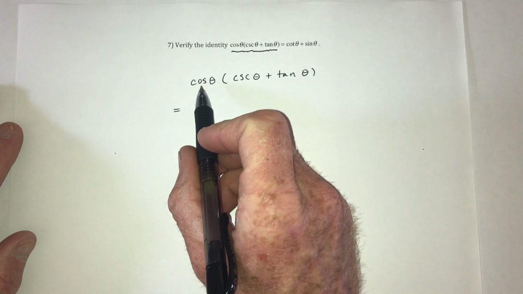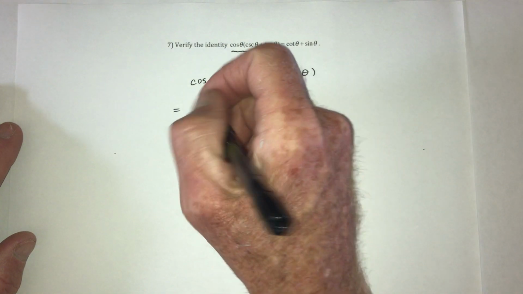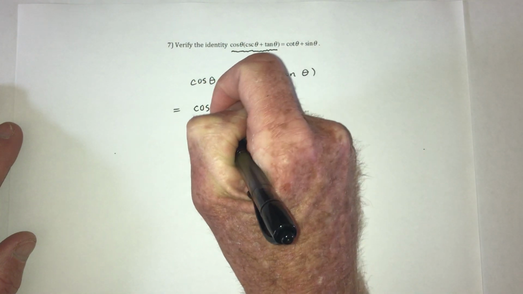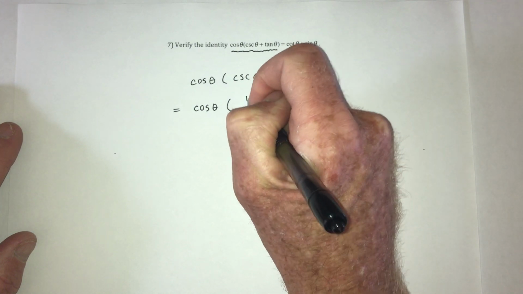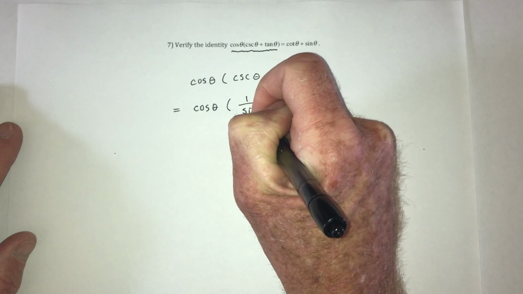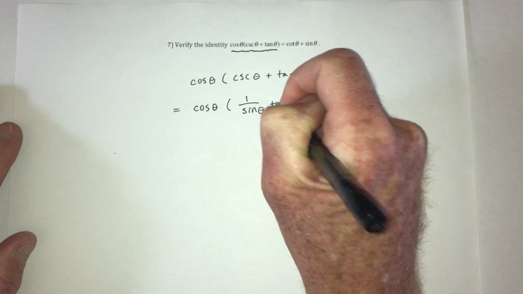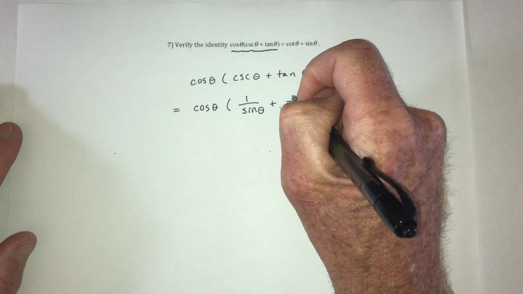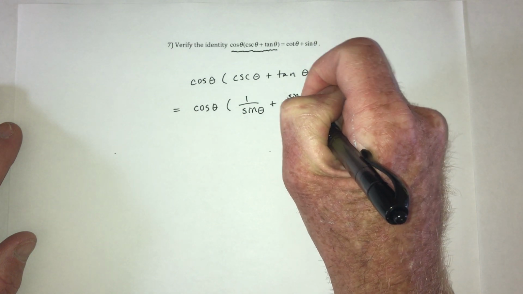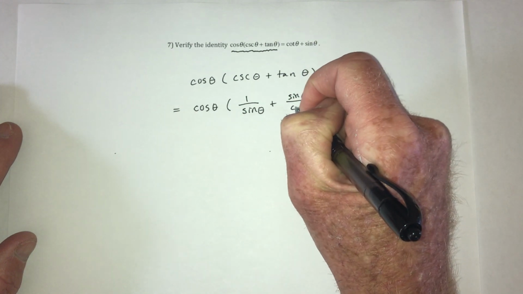Well, cosine, there's not much I could do with that. I'm just going to leave it as cosine. But cosecant, that is 1 divided by sine. And then tangent is sine divided by cosine.